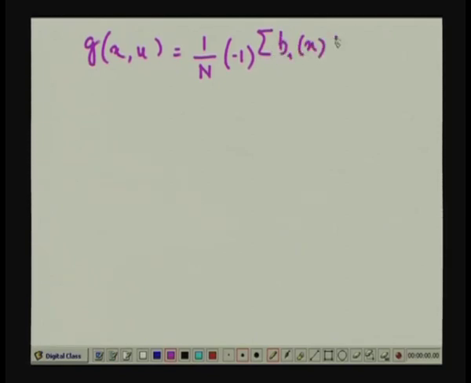And that kind of reordering can be obtained by another transformation, where the kernel of that particular transformation is given by g(x,u) equal to 1 upon capital N times minus 1 to the power summation b_i(x) p_i(u). Now, instead of b_i(u), we are writing p_i(u), where this summation is taken over i equal to 0 to lowercase n minus 1.